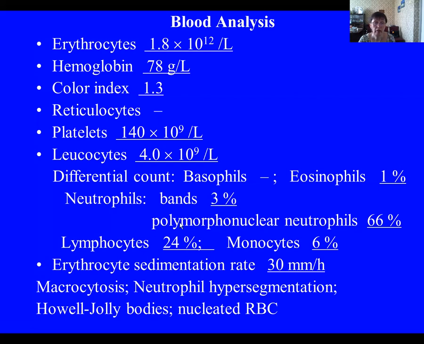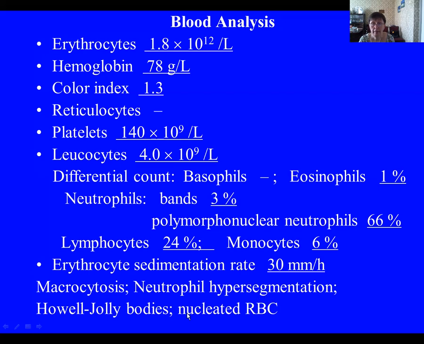Other cells are also decreased. We see a low level of platelets, and the leukocytes are also at the lower border of the norm. And we can see, as often, a high erythrocyte sedimentation rate. And we see a lot of changes in erythrocytes. It will be macrocytosis. Then we can find nucleated red blood cells.